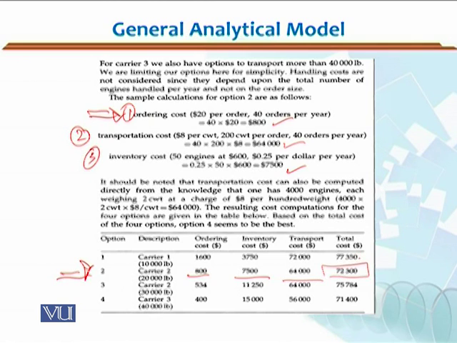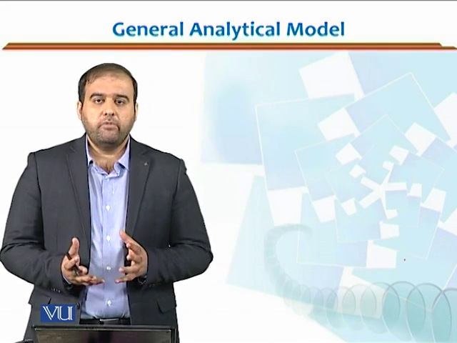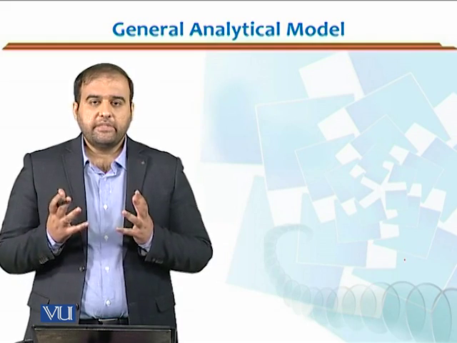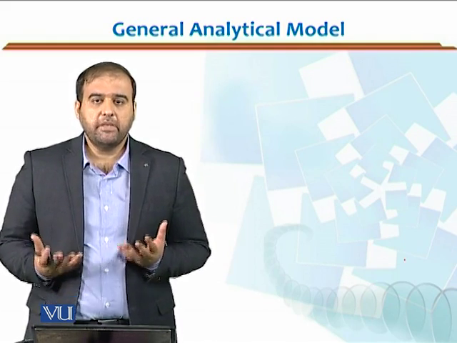So in total cost, which one is the minimum? Actually, option 4 gives you the minimum cost. That is what you are looking for. So what we infer from here is that sometimes we cannot formulate a mathematical model.